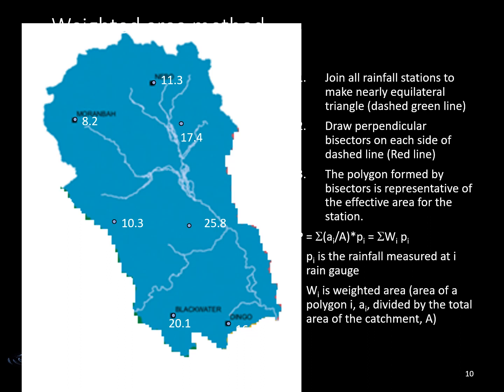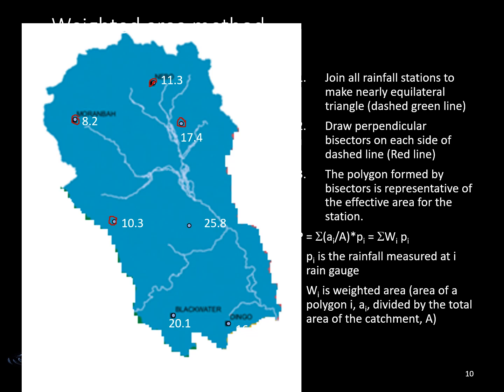You have the catchment here, and then you have the rainfall at different locations. Here the rainfall is 8.2, at this location 10.3, at this one 11.3, this rainfall station 17.4, and so on. Now we want to calculate the average rainfall in this catchment. If it is arithmetic, you just sum them up and divide by the number of rainfall stations, and you get the value.